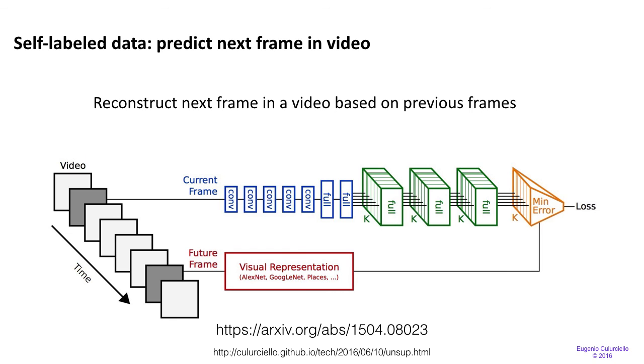Basically they want to minimize the error between the prediction of the network being trained, which is trying to predict the next frame, and the actual frame. But they actually try to minimize the error between the representations. So this is interesting work.